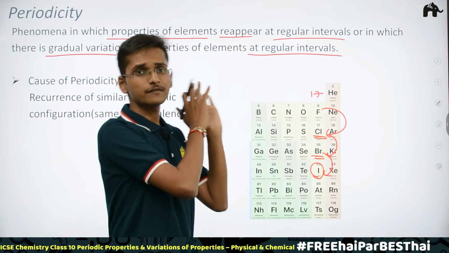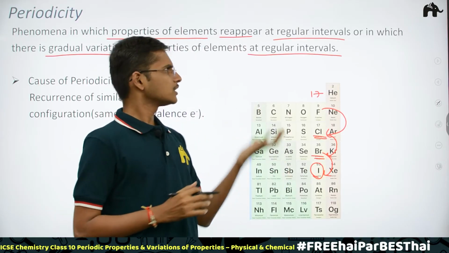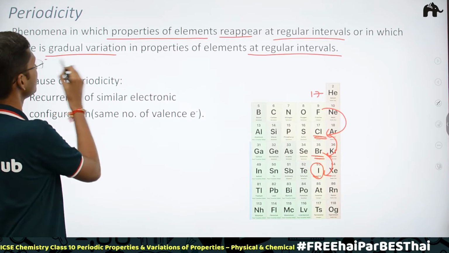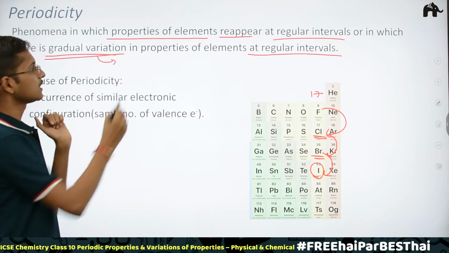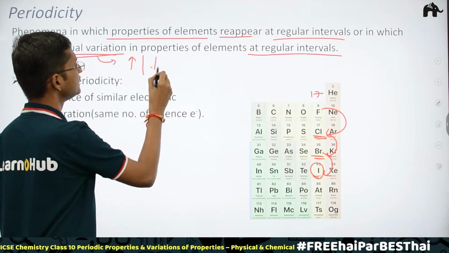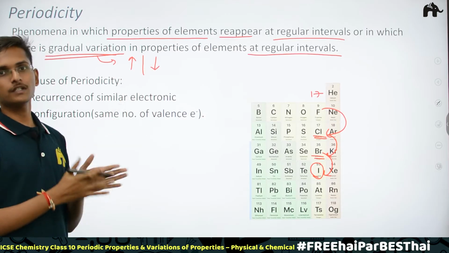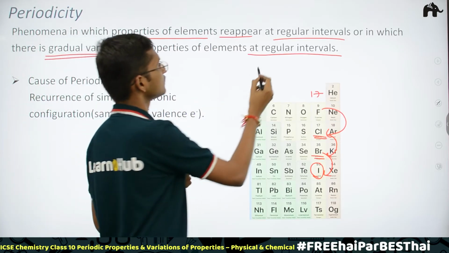Now I hope this first part is clear to you. Now what does gradual variation mean? Gradual variation means either increase or decrease in the properties of the elements at regular intervals.